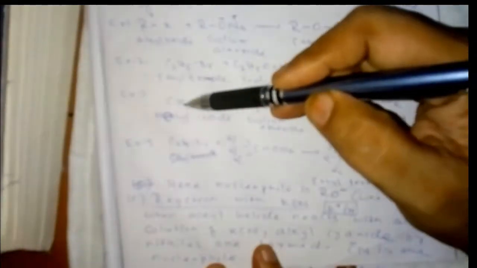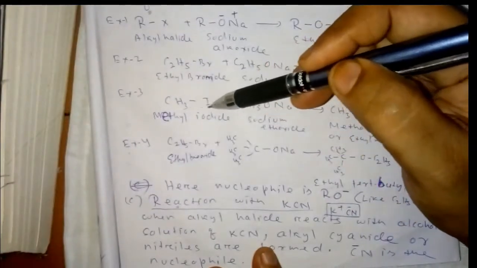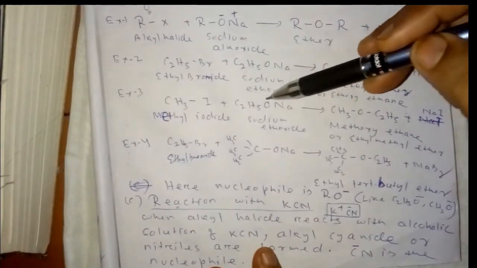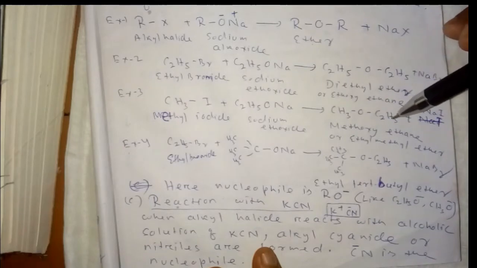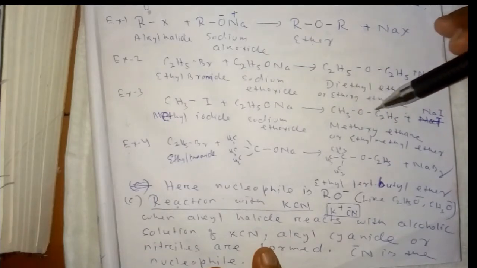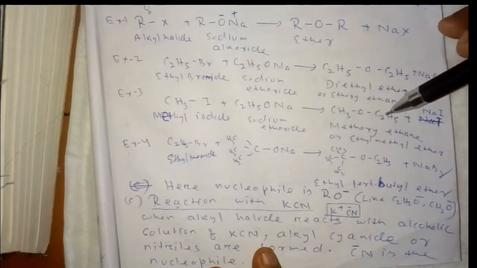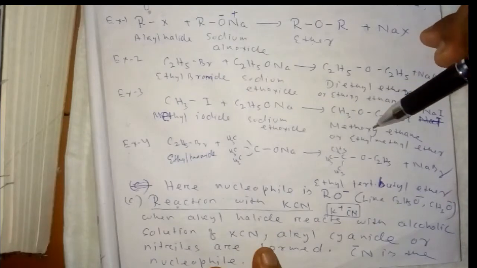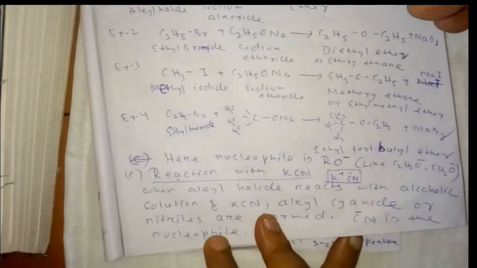Next is example 3, methyl iodide plus sodium ethoxide, C2H5ONa, will give CH3OC2H5. This is methoxyethane, methoxy attached to ethane, or methyl ethyl ether. The common name and the IUPAC name, plus NaI.